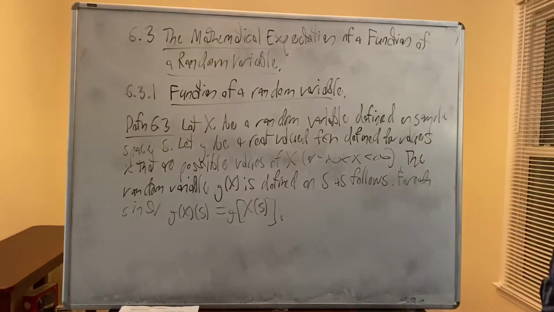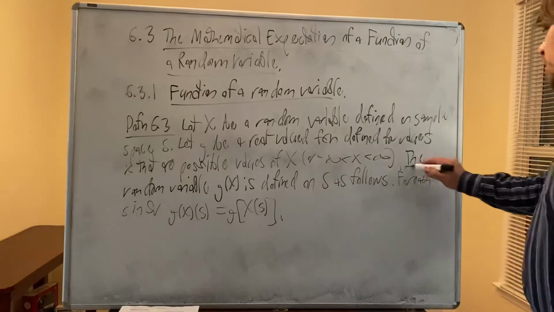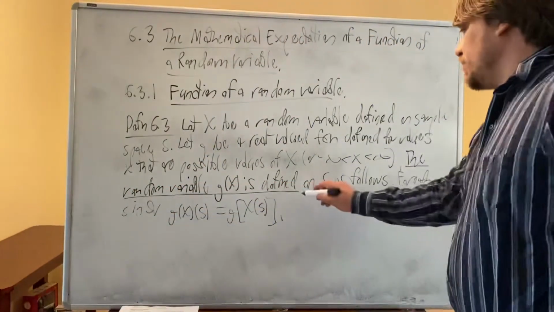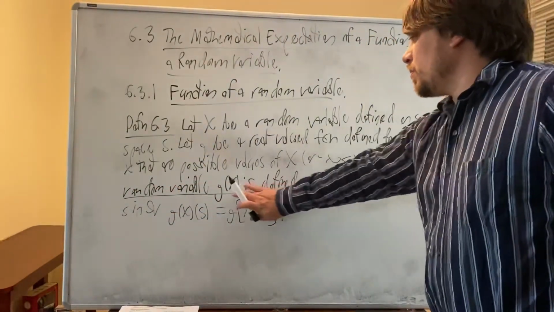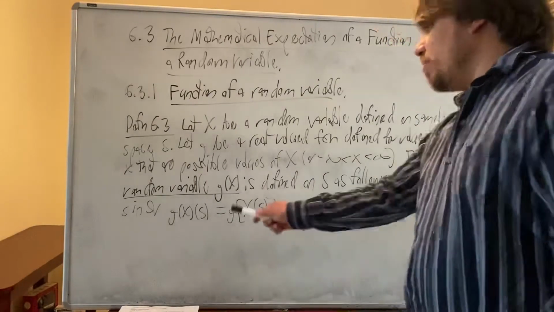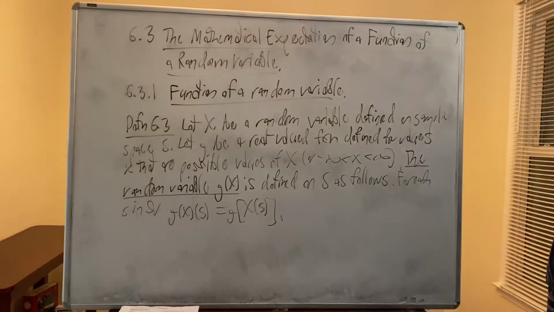Okay, and so that is the definition of the random variable capital G of X. So for G of capital X, the input is a value of capital X and the output is a real number. And so this is a random variable.